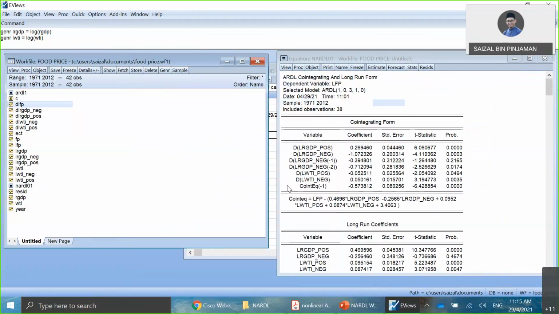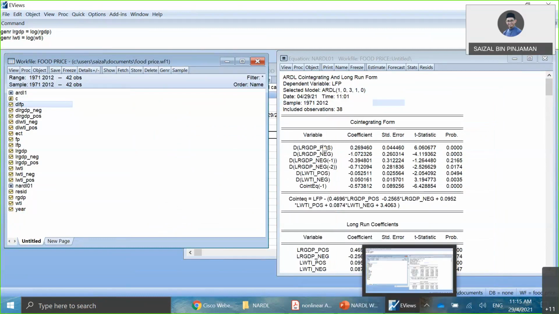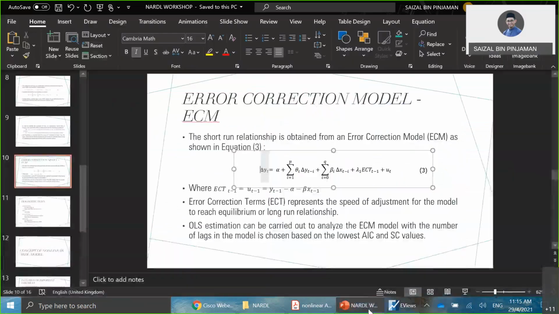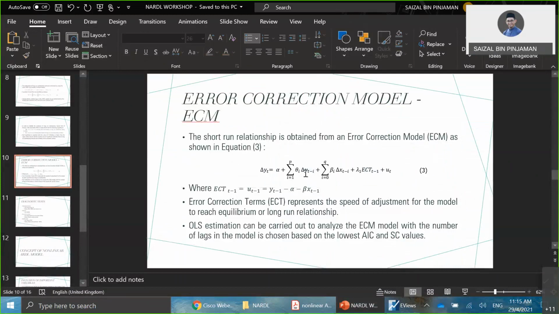All right. So after that, notice that the equation that we're going to form will resemble this one. We have the ECT, we have the lag values for the dependent variable and the lag values of the independent variable in forming the error correction term or error correction model.